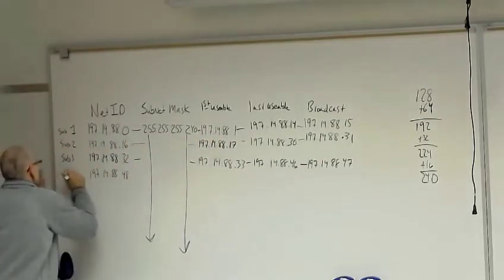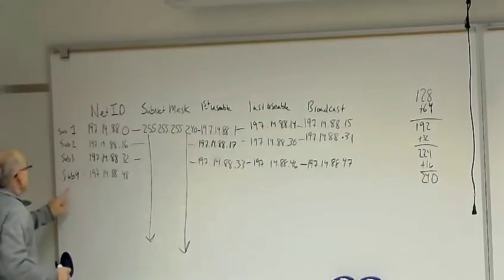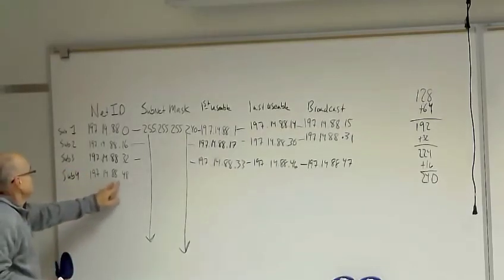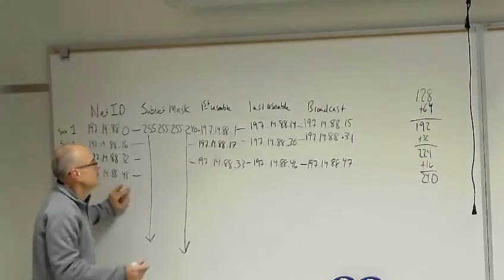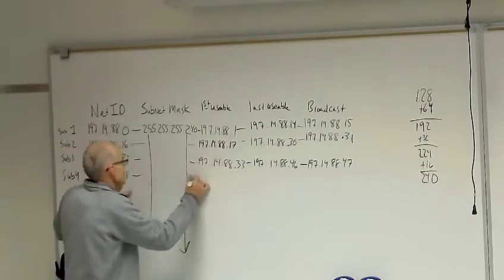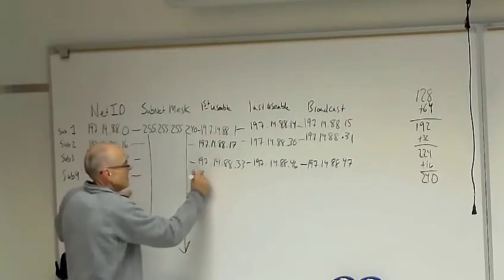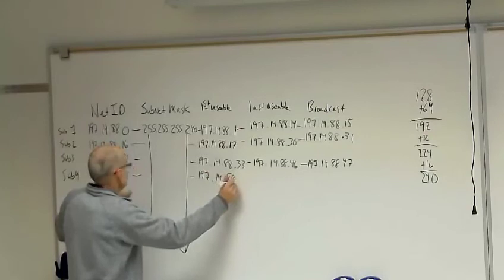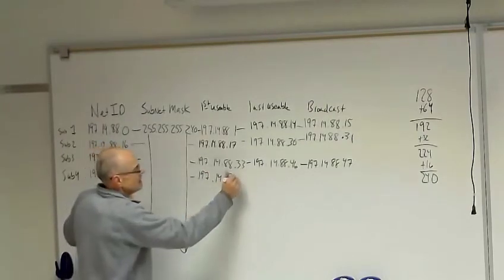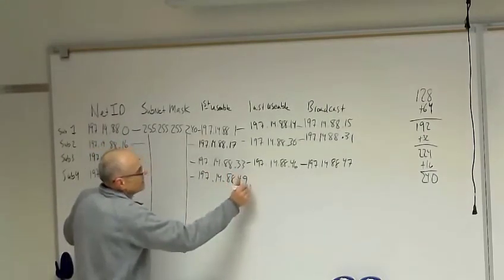Sub 4. 197.14.88.48 is the net ID, a reserved address. The first usable address building on that is one right after that, 197.14.88. And the number right after 48 is 49. 49. Good, you guys are seeing this.